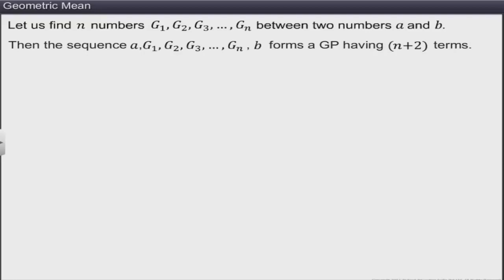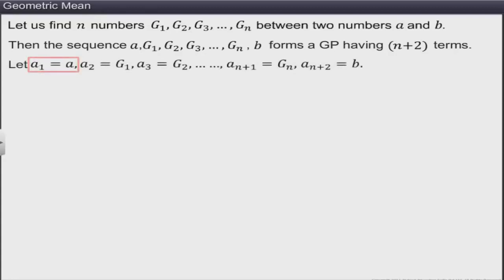Let a1, a2, a3 and so on up to a n plus 2 represent the first, second, third, and n plus 2th terms of this GP, respectively.